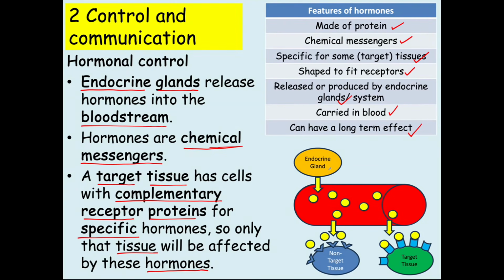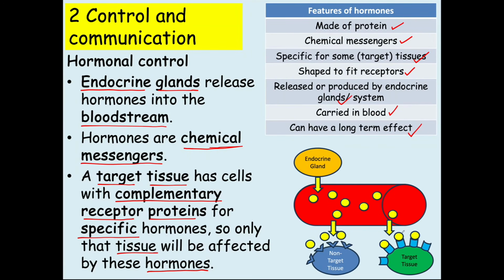And if we look at the diagram here, we can see how that works. So we've got an endocrine gland here, okay? The endocrine gland releases hormones into the bloodstream. Okay, these yellow things are the hormones. Now, when the hormones try and bind to this tissue, the non-target tissue, you can see they're not the right shape. They are not complementary to these receptor proteins. The hormone is not the right shape. It's not complementary to the receptor proteins.